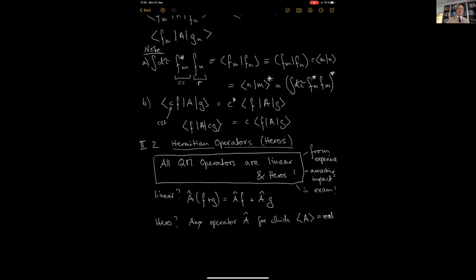And as you can see, I did not specify the functions. So it means I could also throw in some complex conjugate functions in there, but still I would get a real eigenvalue.